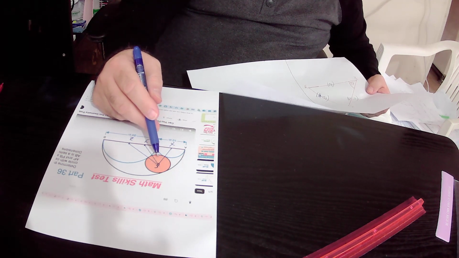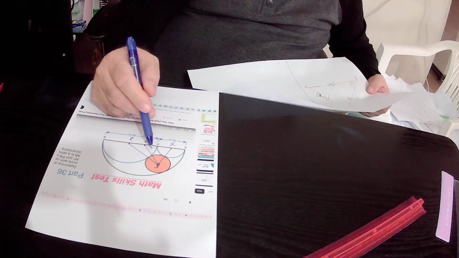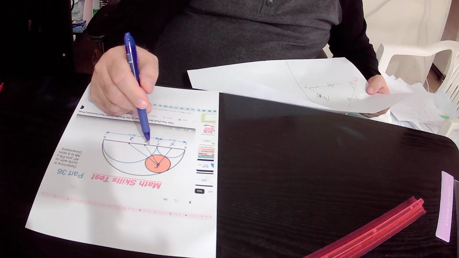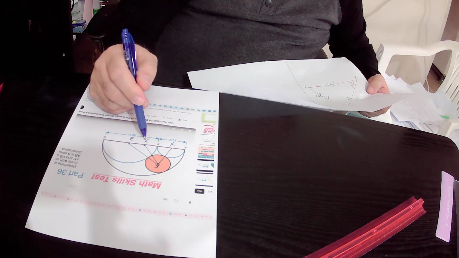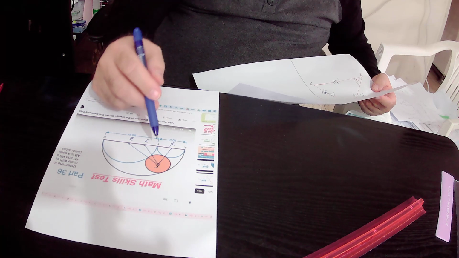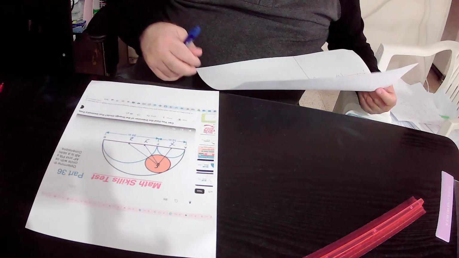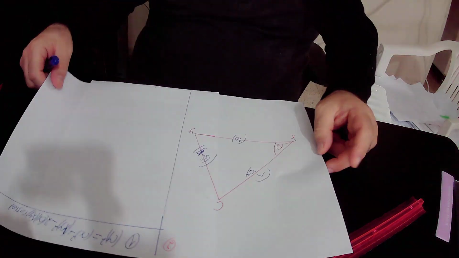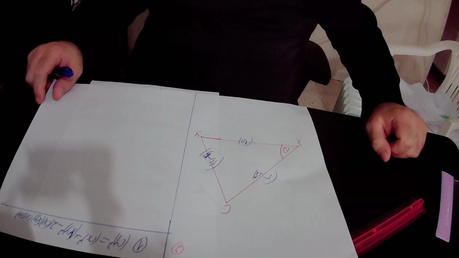Therefore, the distance between their centers will be equal to the difference between the lengths of their radii. That is to say, it will be equal to the radius of the biggest semicircle, that is 15, minus the radius of the orange circle, that is r. That is to say, CY equals 15 minus r.